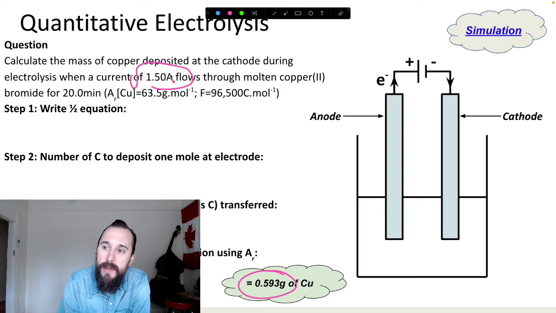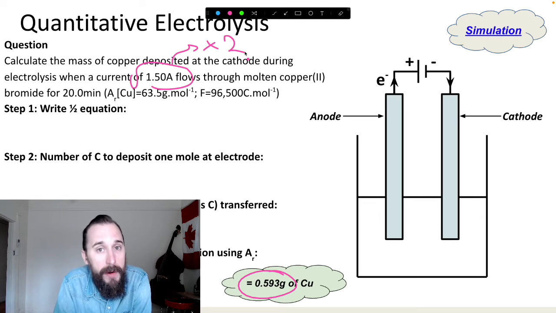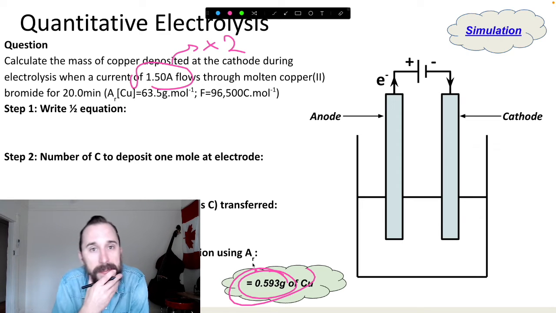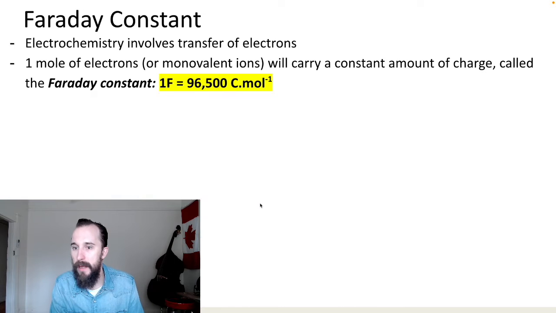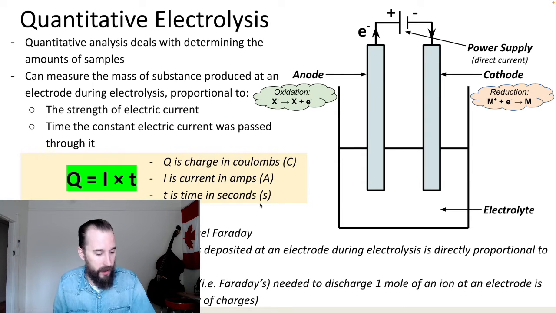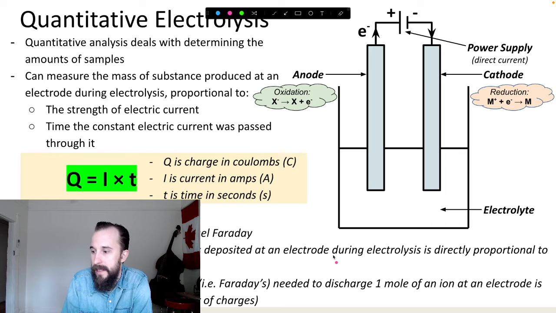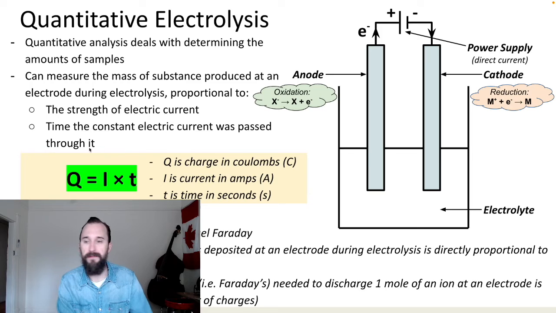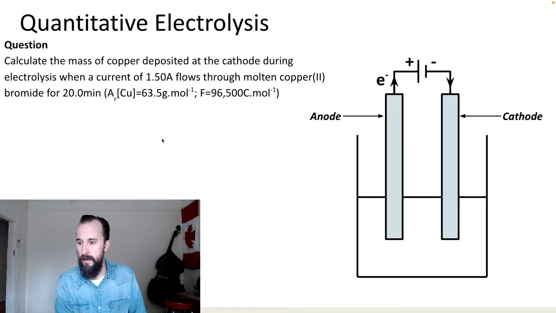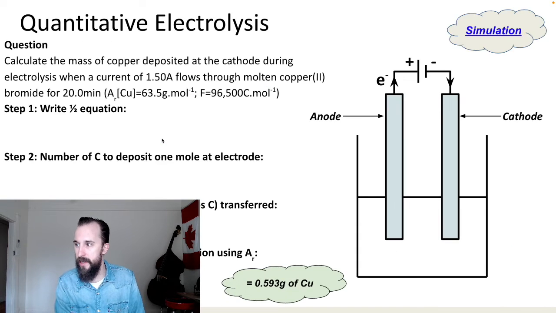And that makes sense because we're using twice as much current, so we would expect twice as much of the copper to be deposited. And that all goes back to old mate Faraday here. The mass is directly proportional to the amount of charge, and if we're increasing the current, we're going to be increasing that charge.